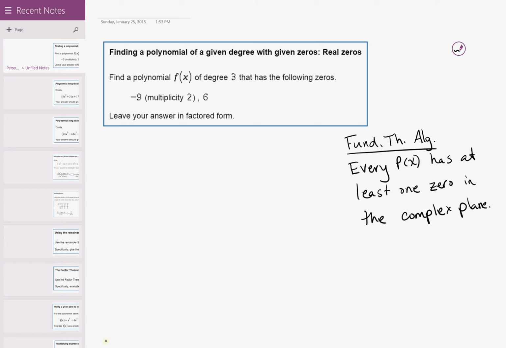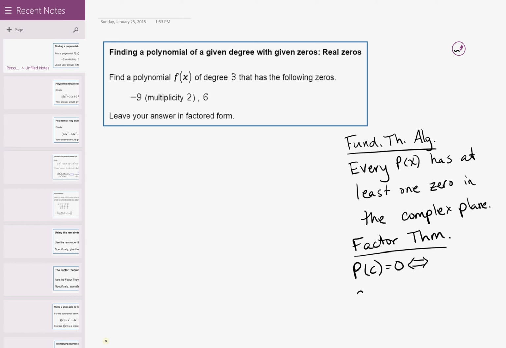And the second is the factor theorem. And the factor theorem says that P of c is equal to 0 if and only if. That means it goes both directions.